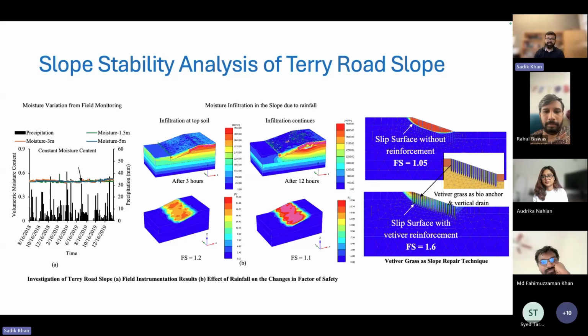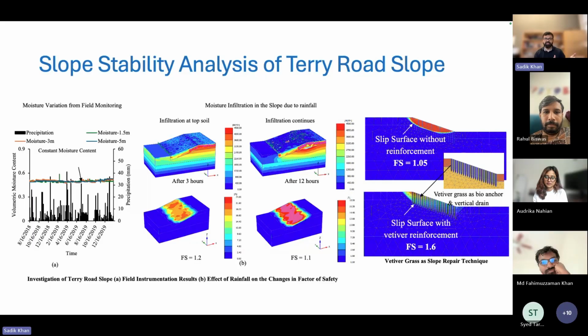If we are looking at vetiver for reactive repair, then we need to look into other things as well. For example, if we're comparing it with H-piles or recycled plastic pins or any other established method, then there is a cost involvement for earthwork and compaction and rebuilding the slope.